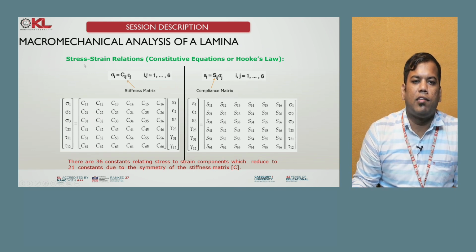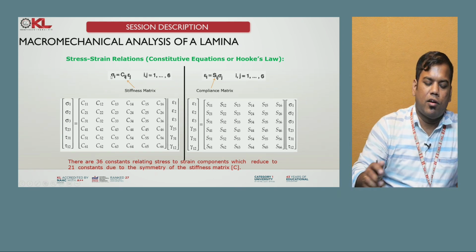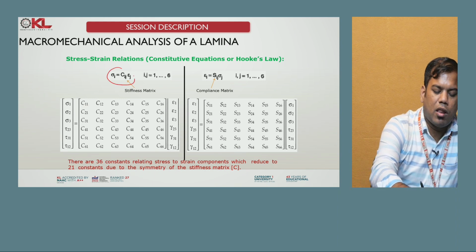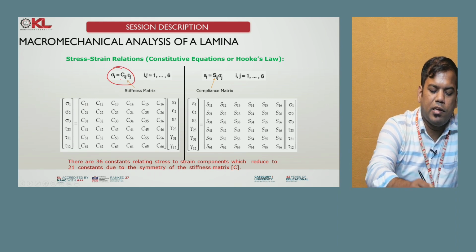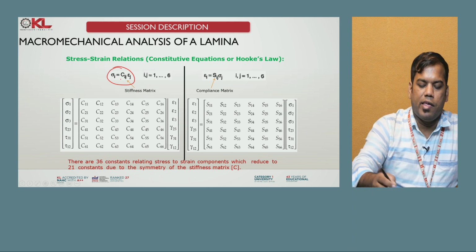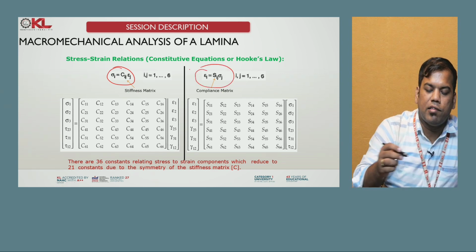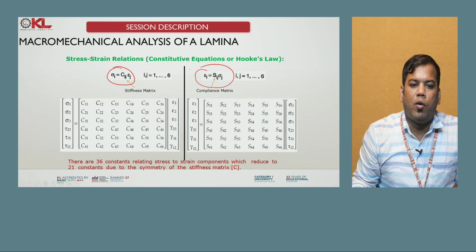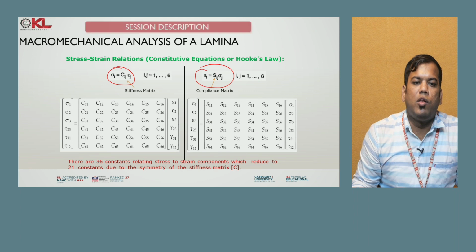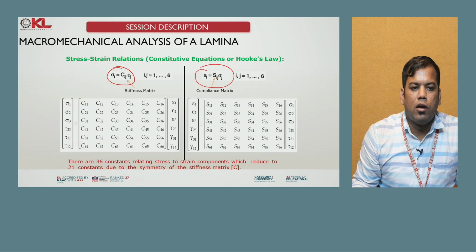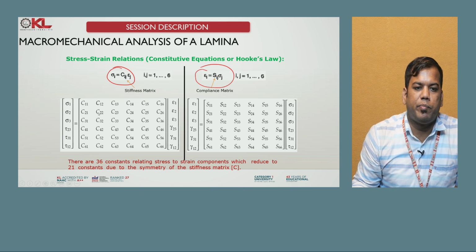So the stress strain relation: sigma i is equal to Cij epsilon j, where C is the stiffness matrix, and epsilon i equal to Sij sigma j, where S is the compliance matrix. So there are 36 constants related to the stress strain components, which will be further reduced to 21 constants due to symmetry of the stiffness matrix.